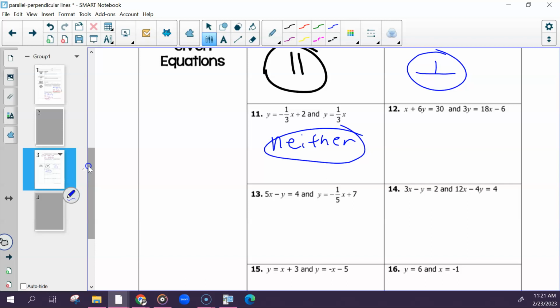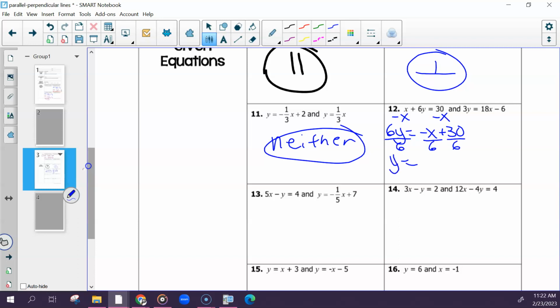For 12, we would have to solve before we could figure that out. I have to get this back into slope-intercept form. How would I do that? I'm going to switch this first, so negative x plus 30, and then divide everything by 6.